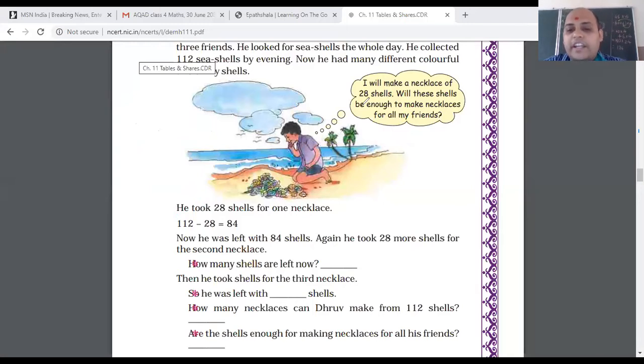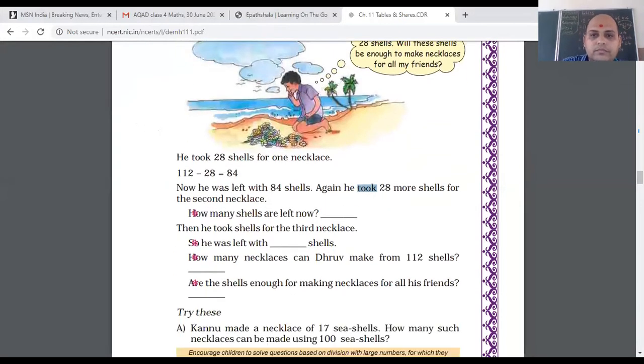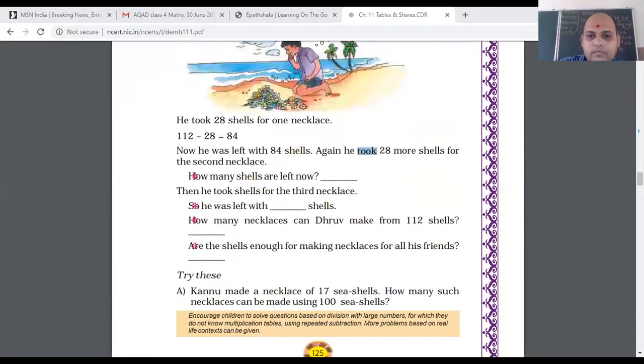Again he took 28 more shells from 84, so 84 minus 28, you have to provide the answer. What will be the answer here?